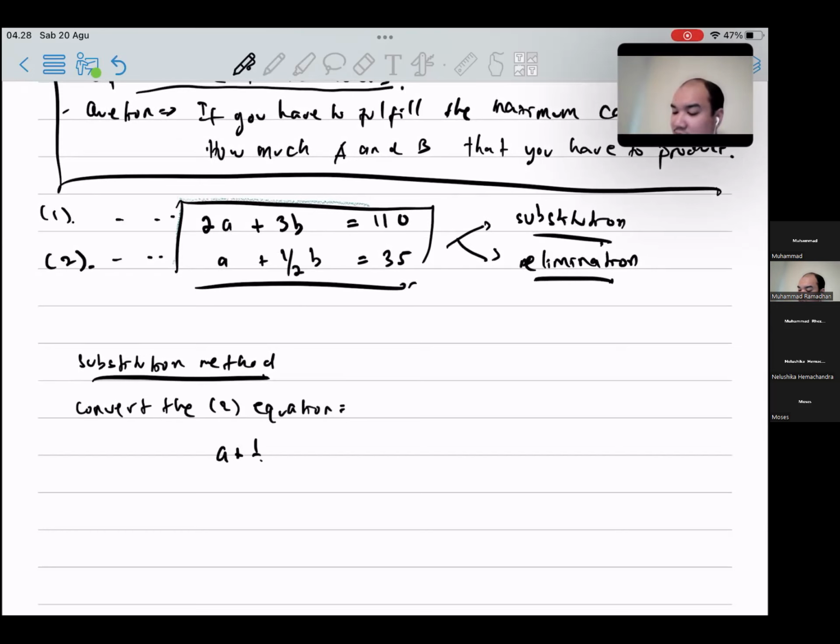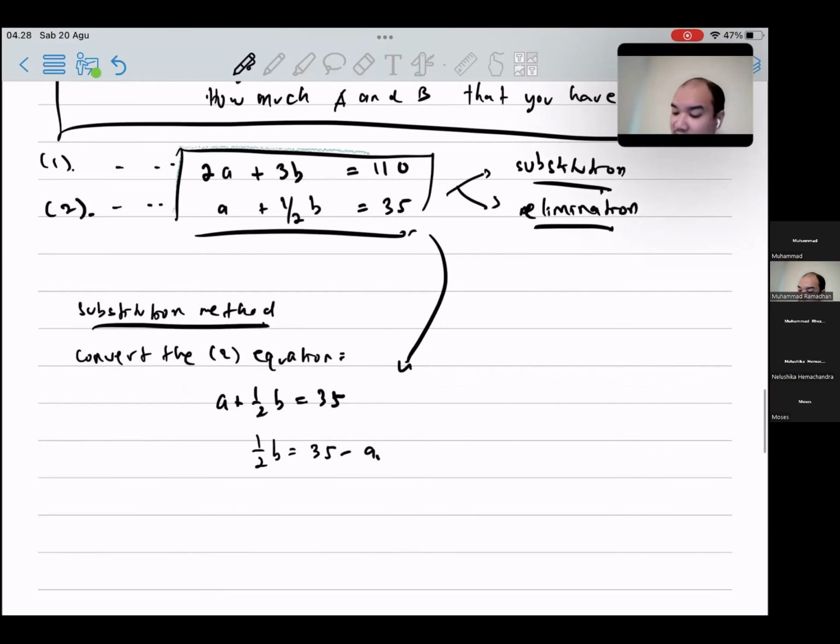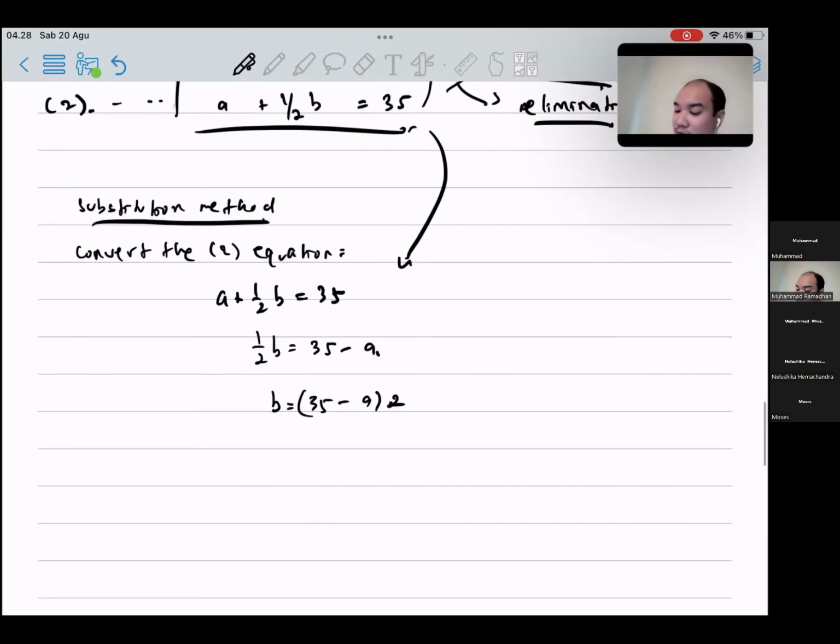A plus half B equal to 35. So half B is 35 minus A. So B is 35 minus A multiplied by 2, and then B is 70 minus 2A.